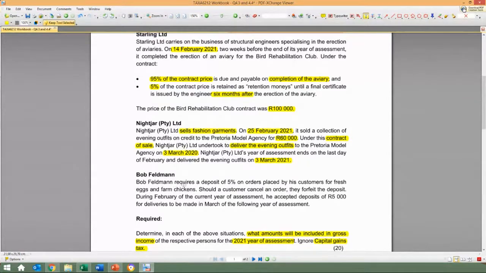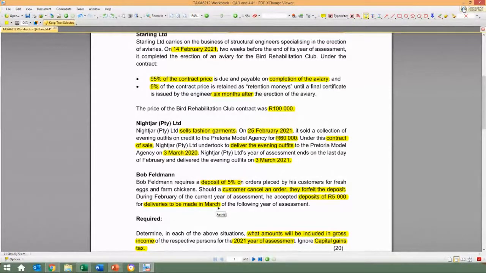And then Bob Feldman requires a deposit of 5% on orders placed by customers for fresh eggs and farm chickens. If a customer cancels an order, they forfeit the deposit. During February, he accepted deposits of 5,000 Rand and deliveries were made in March.